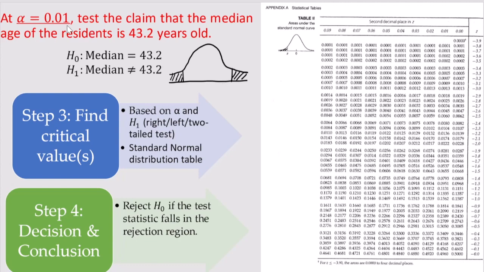Okay, now our alpha 0.01 will be divided by 2. So over here, this would be alpha over 2, which is 0.005. And over here, alpha over 2 is also 0.005. Okay, to determine our critical values, we would have two critical values.